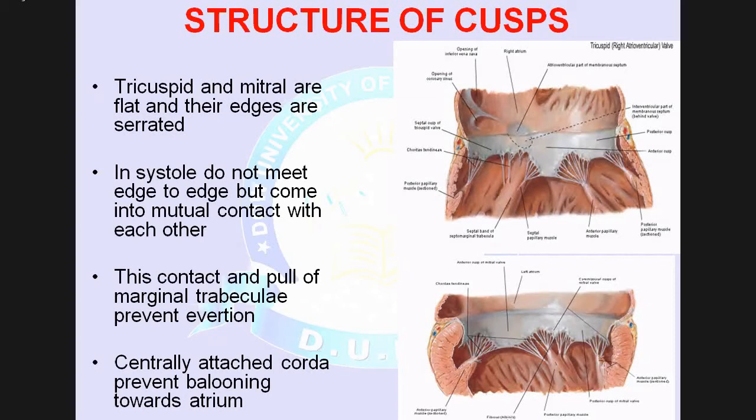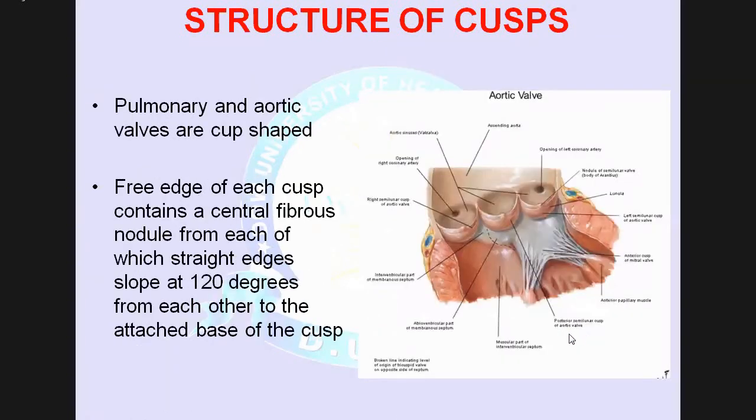This is the right AV valve with 3 cusps. This is the left AV valve with 2 cusps. As I mentioned earlier, these are the aortic valve cusps. And the lunule in the center, then these are tapering downwards at an angle of approximately 120 degrees with the horizontal.